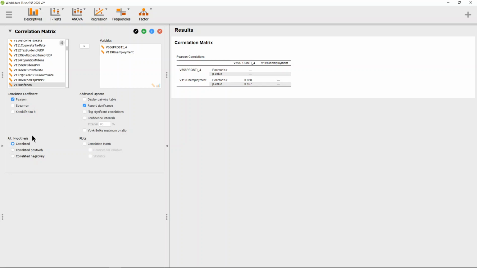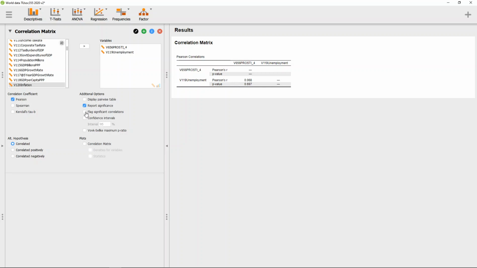We also have our alternate hypothesis, that is, we're saying that we think they're correlated, which means that the null hypothesis is saying they're not correlated, as is the usual assumption of the null in the social sciences. We have some additional options here. The only thing we want to really point out is that it is reporting significance, which means it's giving p-values for us to identify significance from.